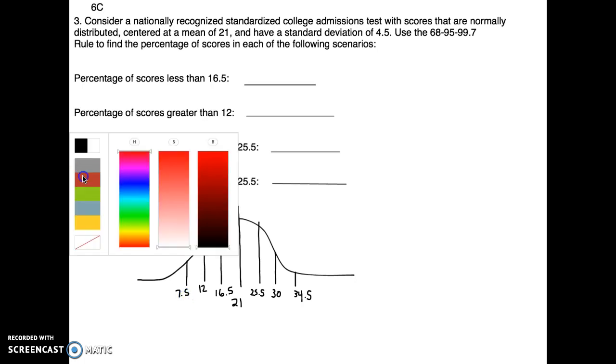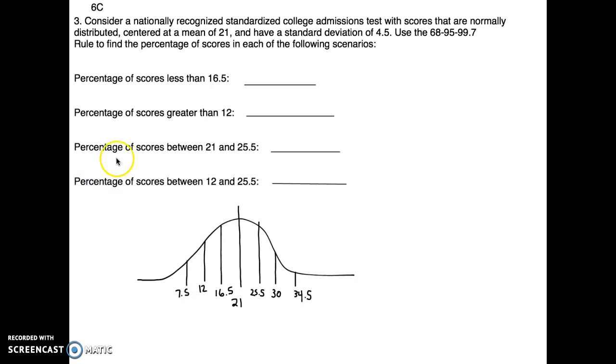Okay, so now with that 68, 95, 99.7 rule, I'll write it on the bottom instead. So we're going to have 68% fall within 1 standard deviation of the mean.